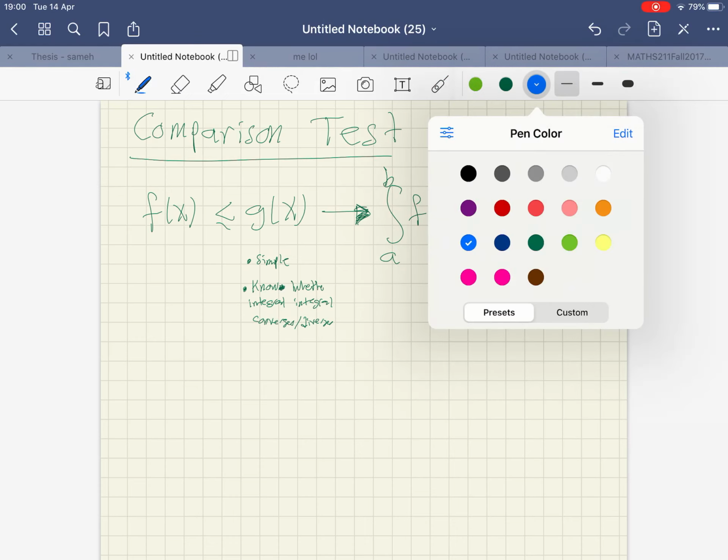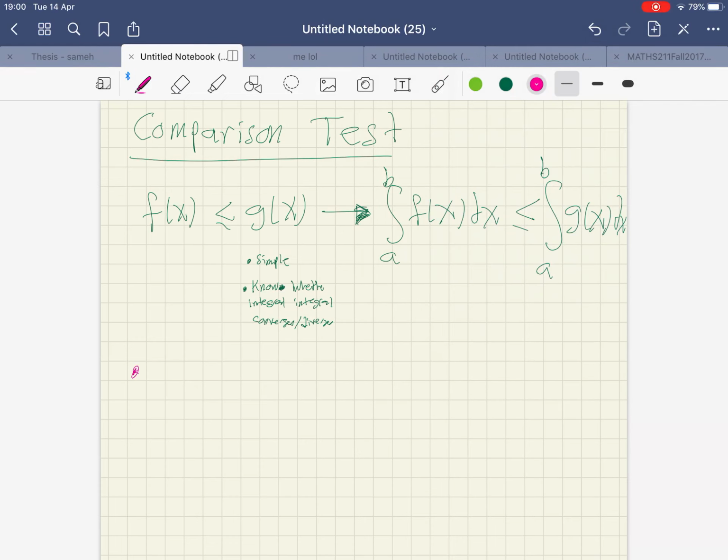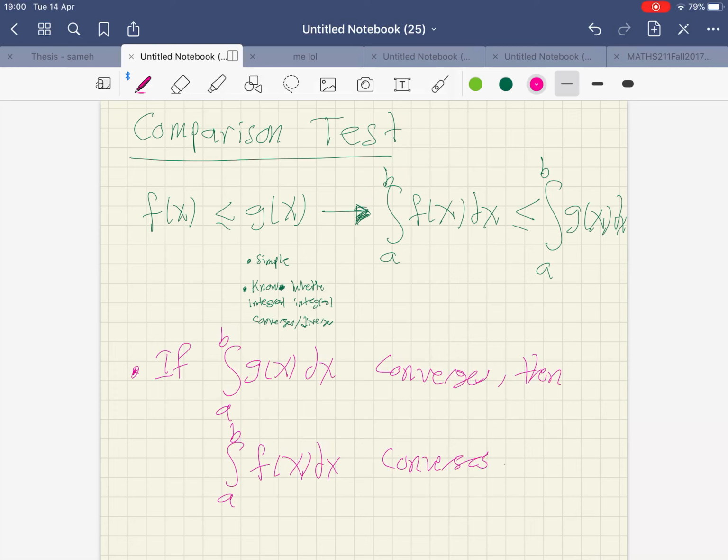In that case, we have this rule. If the bigger one converges, then the small one must converge. And why is this true? Imagine in your head, the bigger one is 10.